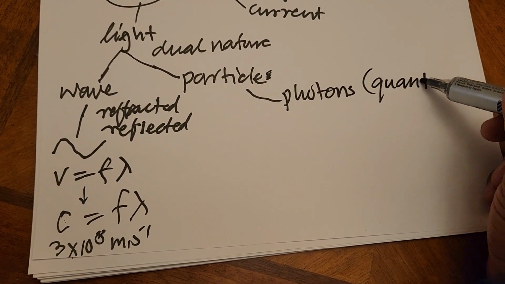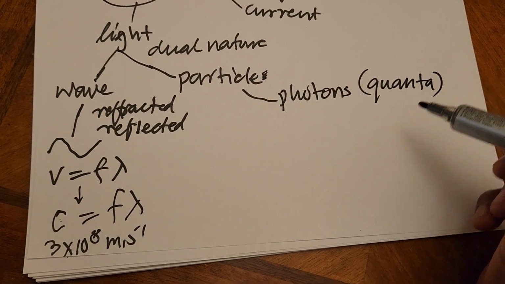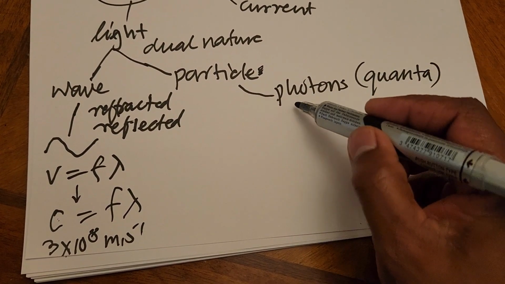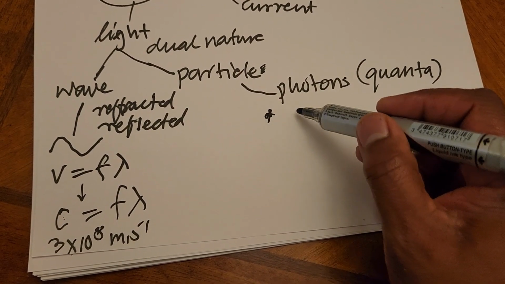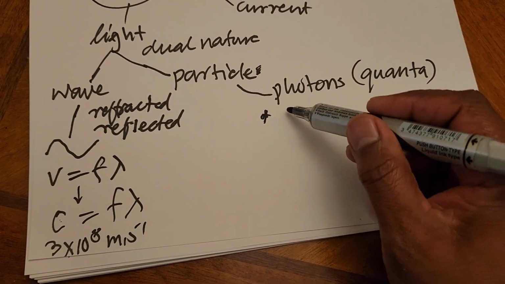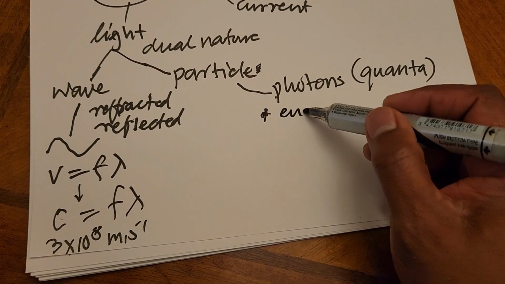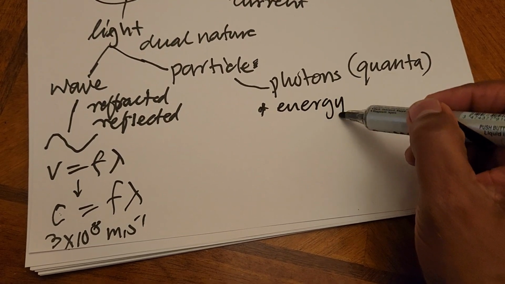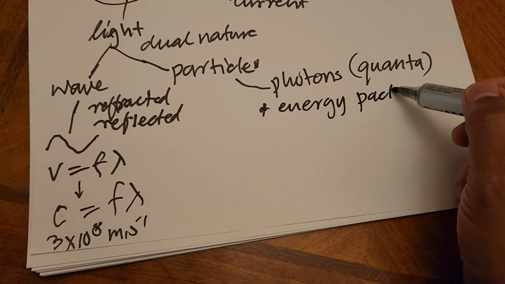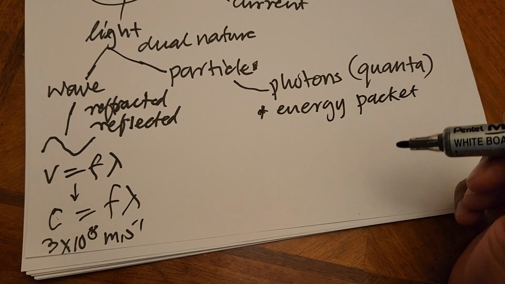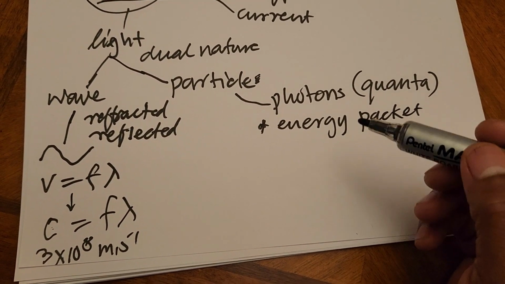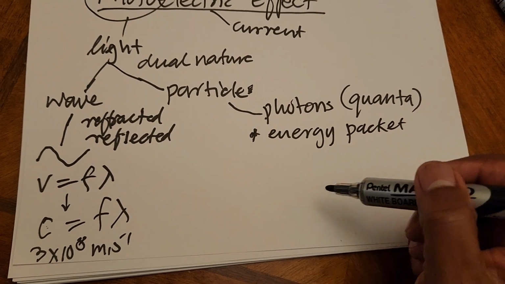Remember, one quantum, many quanta. Then what is a photon? We were told in grade 10 that a photon is an energy packet. Hence we can calculate the energy of one photon of light.